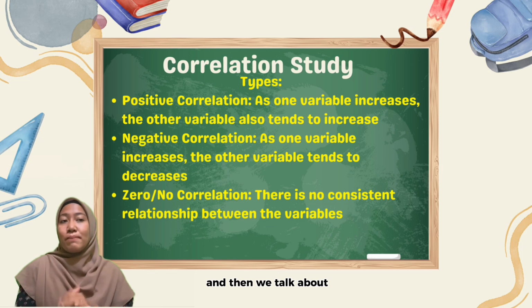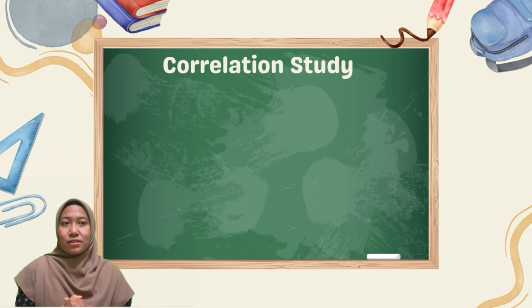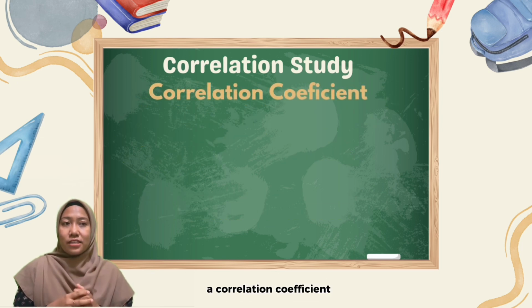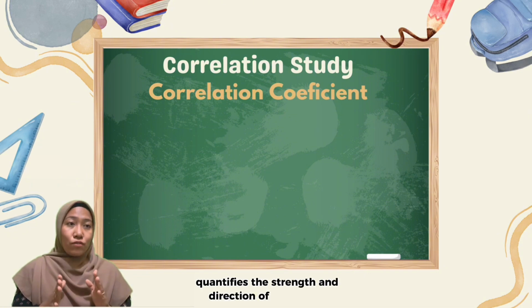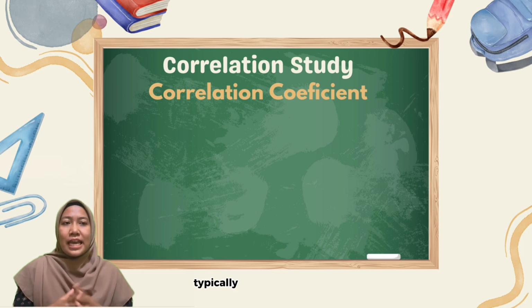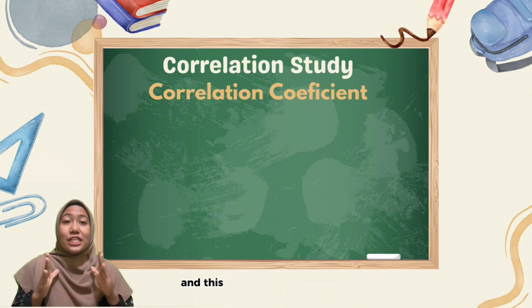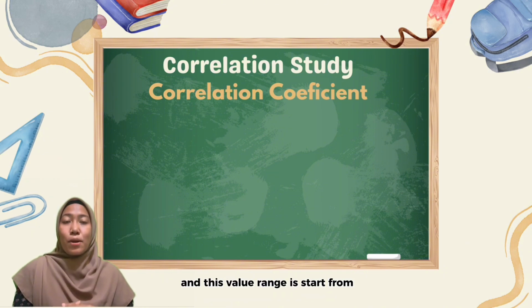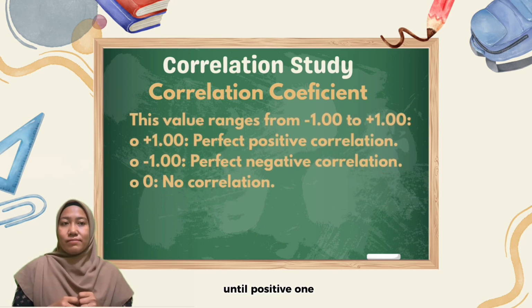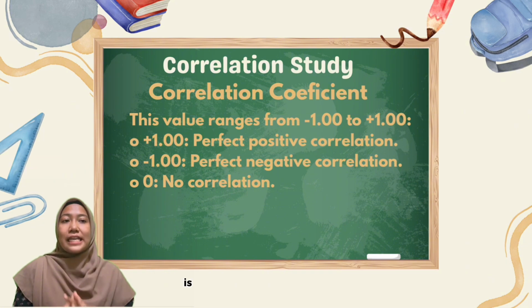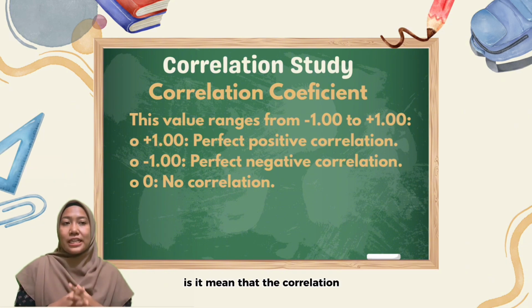And then we talk about the correlation coefficient. A correlation coefficient quantifies the strength and direction of correlation. Typically, it is denoted by r for Pearson product moment. And this value ranges from -1 to +1. For the positive one, it means that the correlation is a perfect positive correlation.